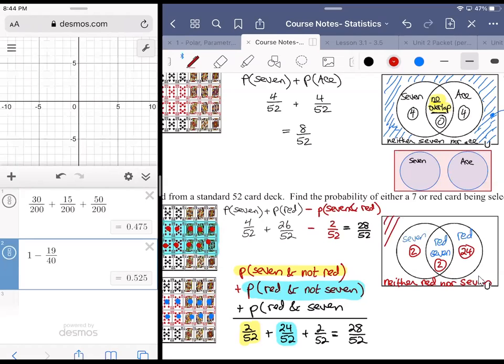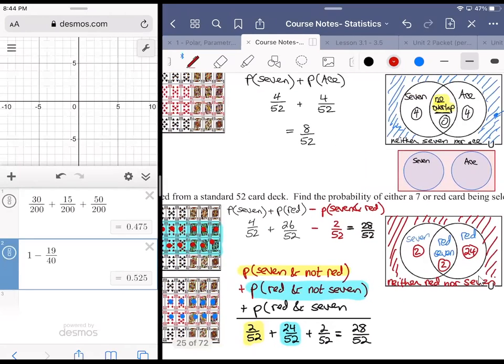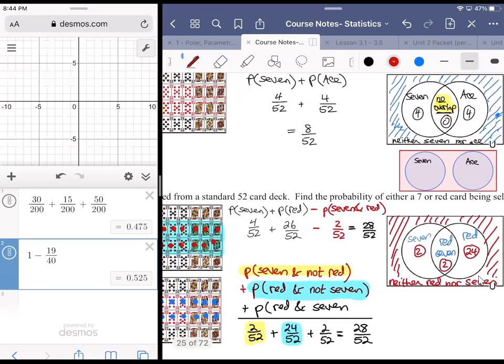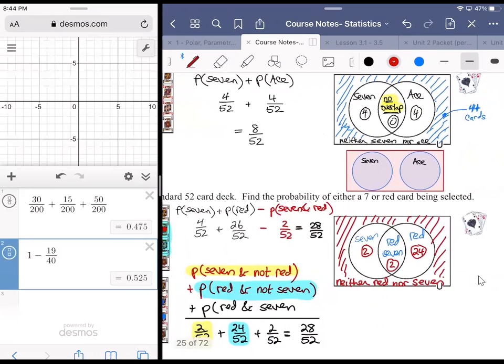That would amount to all this other stuff here, which is every other card in the deck. All right, so we got 28 out of 52. That would be what, 24? I think, yeah. So 24 cards that are neither red nor 7.